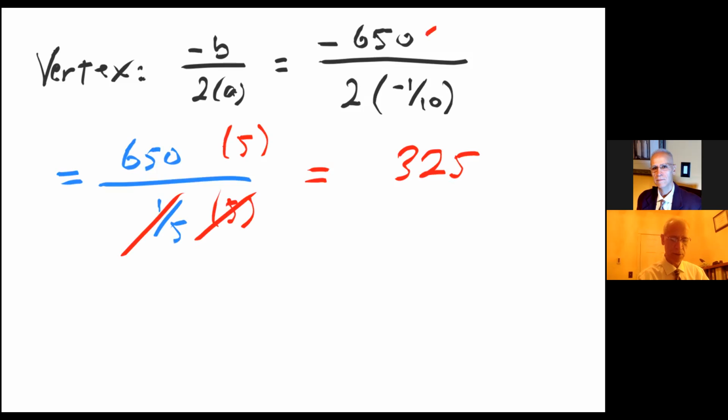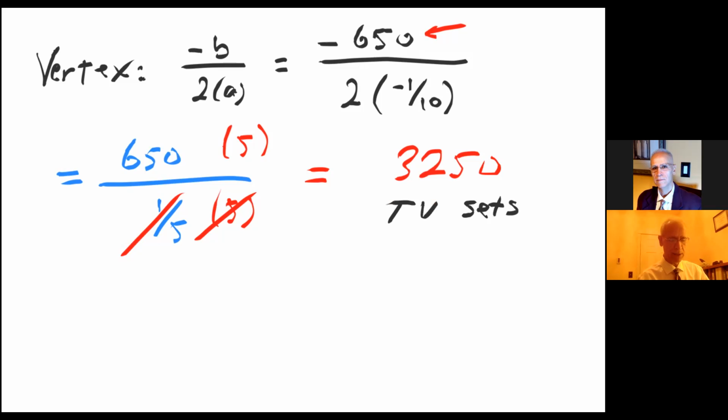Sorry. So multiply the top, 5 times 650 is 3,250. So I'm going to put here 3,250 TV sets. 3,250 will bring the maximum revenue of TV sets.